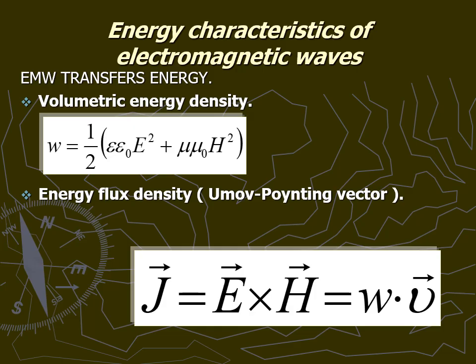So, the density of the energy flow, that is, the energy that propagates per unit of time through a unit of area, will be determined as the electric field strength multiplied by the magnetic field strength. In this case, we are talking about a vector product of the electric and magnetic field strengths, and this ratio will also be equal to the volumetric energy density multiplied by the speed of propagation of an electromagnetic wave.